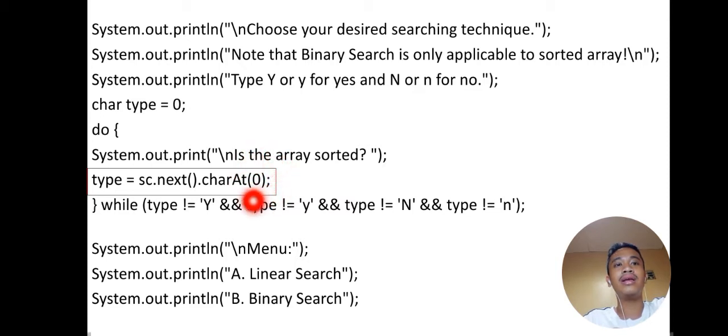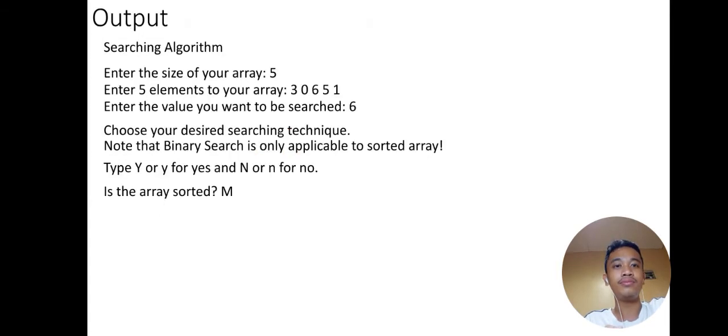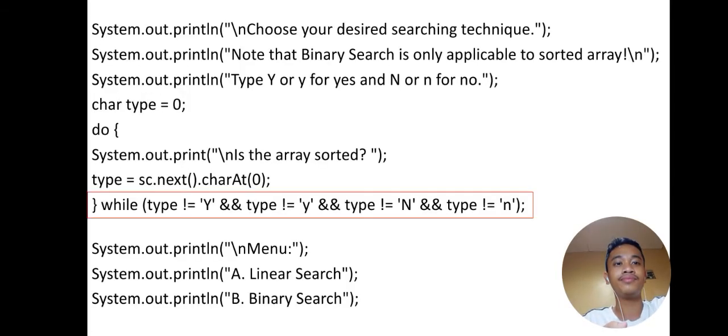So if the user inputs many letters, the program only accepts index 0, which is the first letter. For example, "THE": the program only accepts index 0, which is the letter T. So in this case, the user entered M, big M.